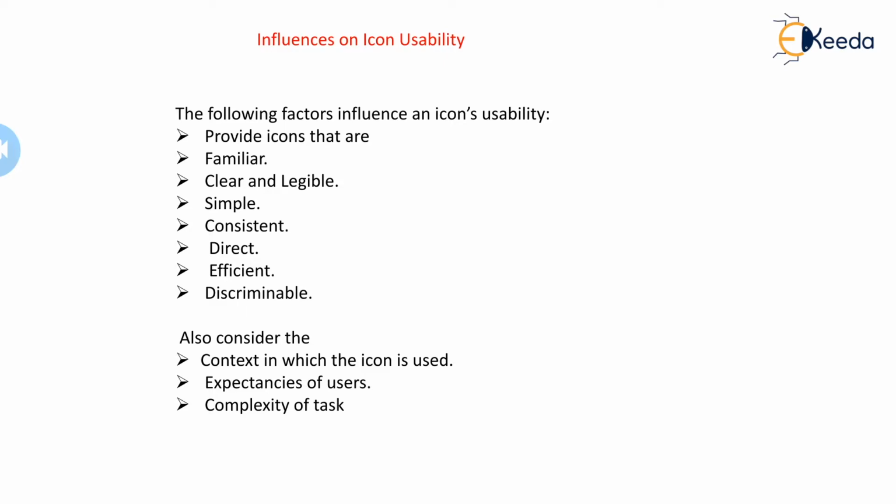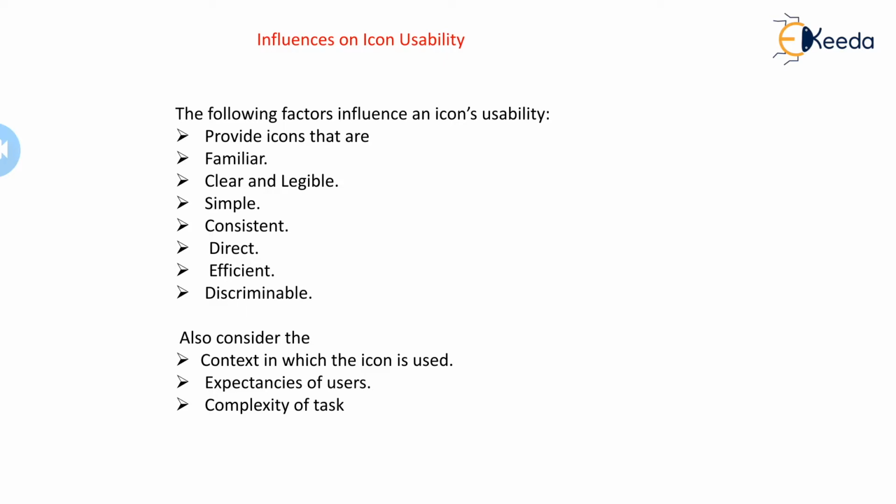Is the shape clean and devoid of unnecessary other designs? Too many parts will confuse the screen viewer. Then next is consistent. Are families of icons consistent in structure and shape? Are similar icons displayed on different screens consistent in shape and structure? These are the questions that need to be answered. So these are the characteristics.